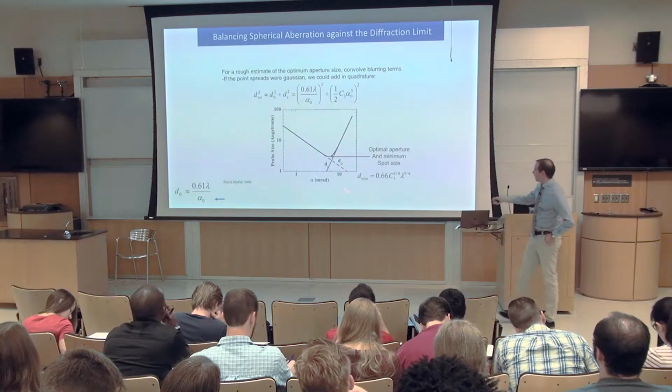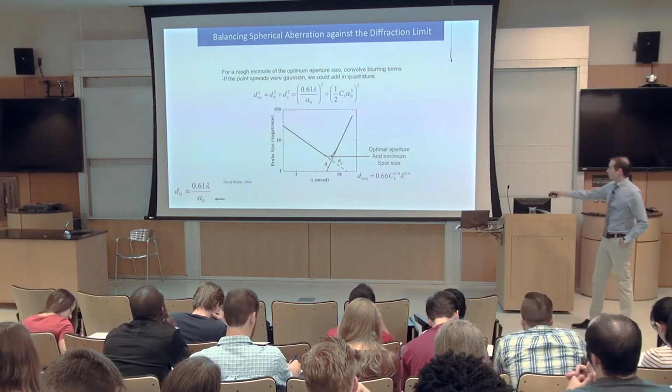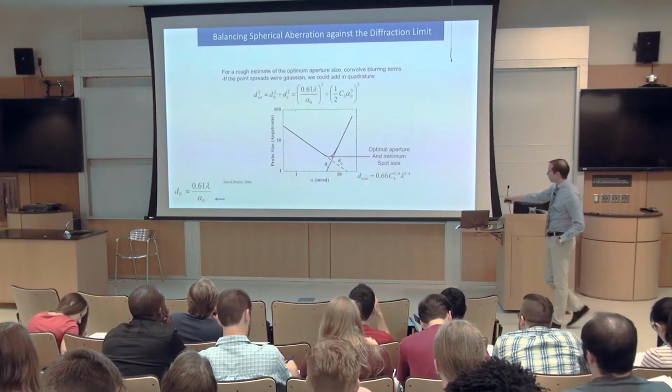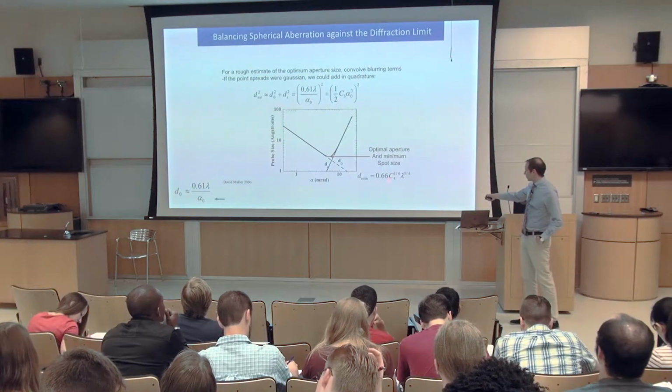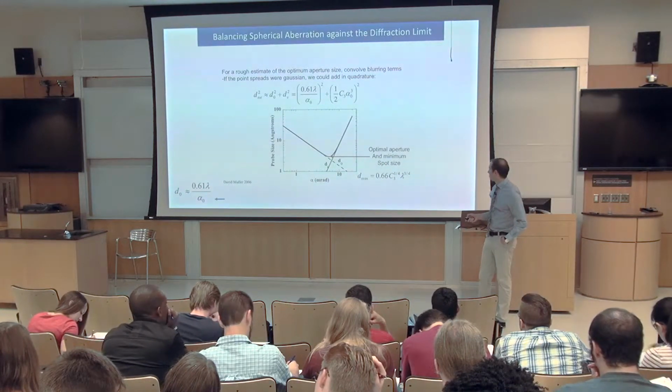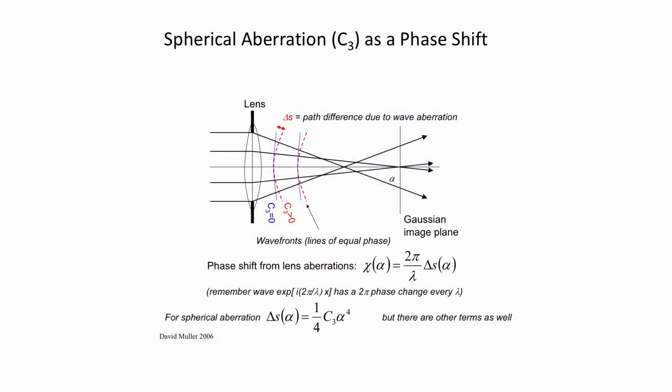So we can get an estimate that's functionally correct of what our minimum probe size would be as a function of our spherical aberration and our wavelength. The better approach is to take a wave optical approach.